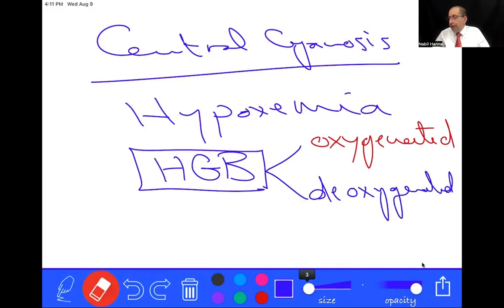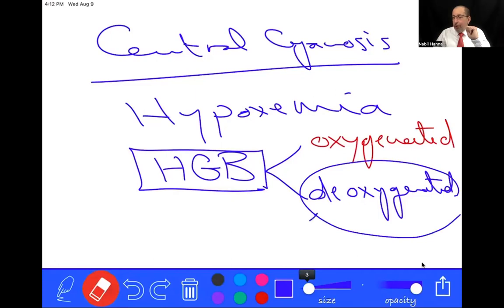So usually the arterial blood has oxygenated hemoglobin. The venous blood has less oxygenated hemoglobin. The more the deoxygenated hemoglobin, the more the risk to develop cyanosis, right? So what is the amount of deoxygenated hemoglobin that results in cyanosis?